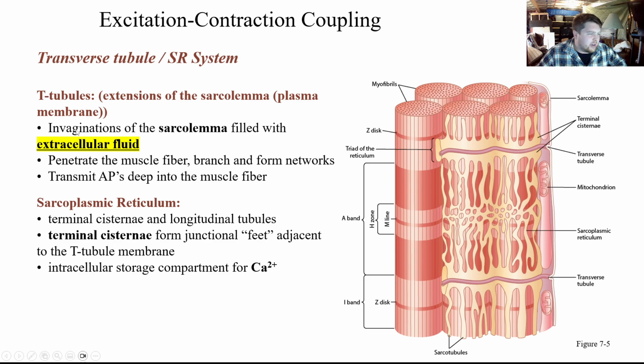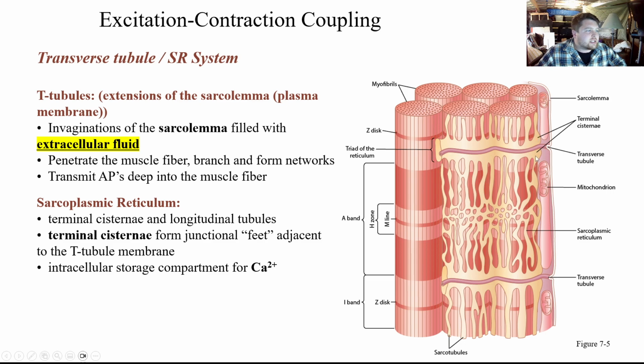They call them invaginations, so like an insertion, a tube channel going in. The T-tubules are a continuation or extension of that sarcolemma, and those are filled with extracellular fluid. They go deep into the muscle fiber, and they branch and form the networks to connect all of the myofibrils, so that way we can get the signal, that action potential, all the way into all of the muscle.